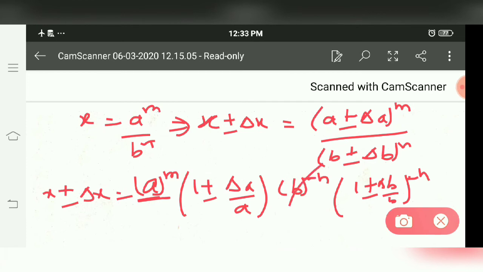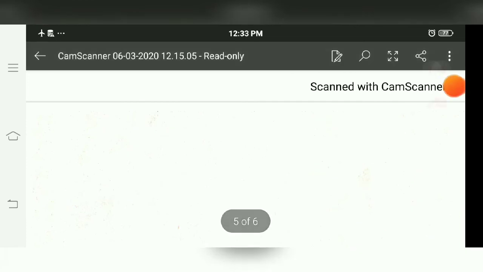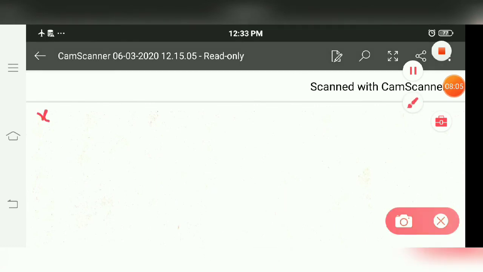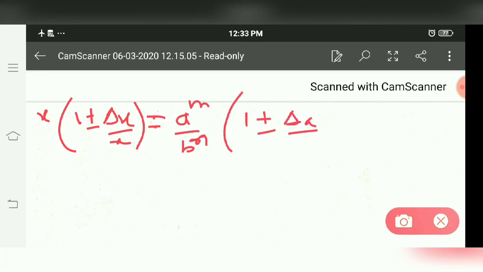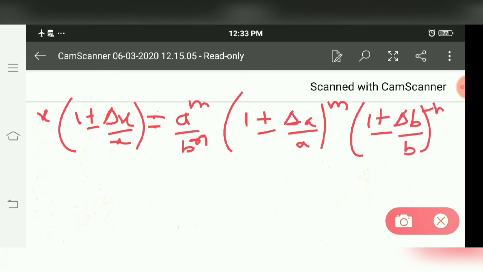Taking x common from here, 1 plus minus delta x upon x, here we get a raised to power m, b raised to power n, 1 plus minus delta a upon a power m, 1 plus minus delta b upon b with power minus n.